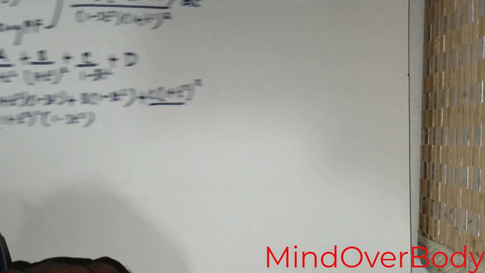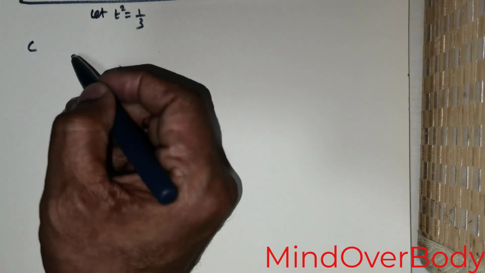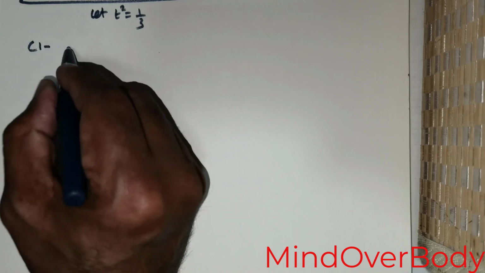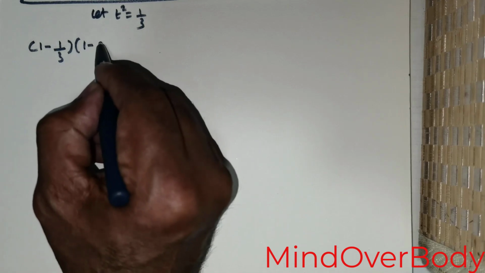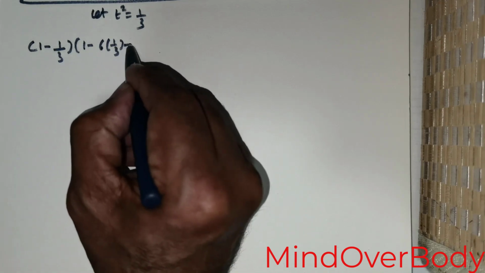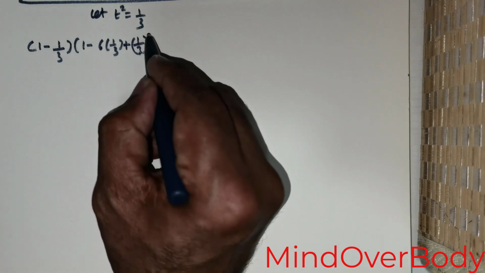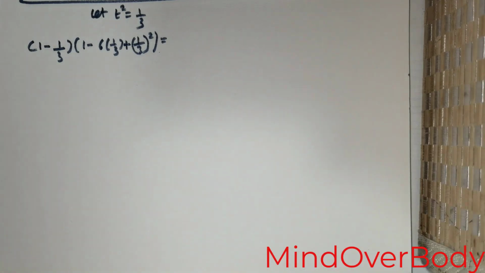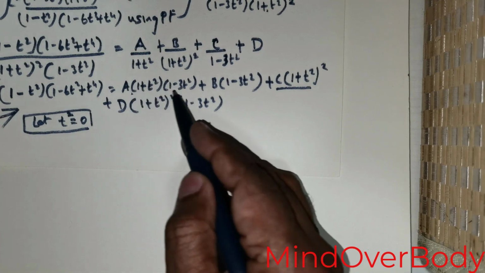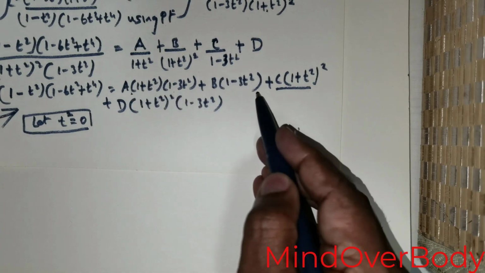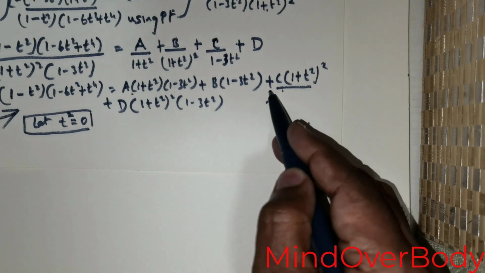So on the left I've got 1 minus t squared, so this is 1 minus 1 over 3, followed by 1 minus 6 of 1 over 3, followed by 1 over 3 the whole squared, because it's t power 4, and that is equal to, now t squared is equal to 1 over 3, so my a term would get cancelled, my b term would get cancelled, and my d term would get cancelled, leaving me alone with the c term.